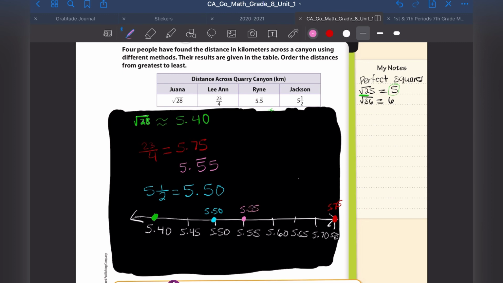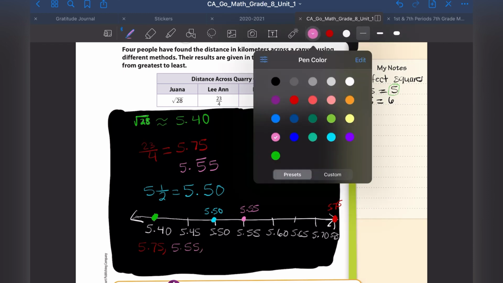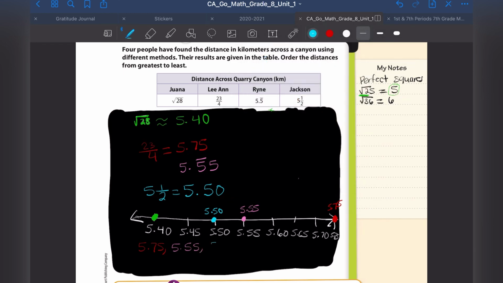Okay, so now we can see that the greatest is 5.75, then it's 5.55 repeating, then 5.50, then it's 5.40, or if you wanted to keep them in the original numbers, you can do that.